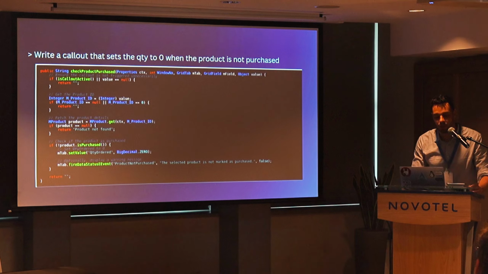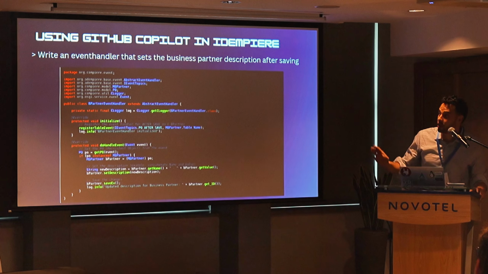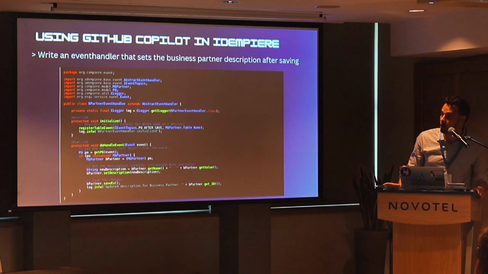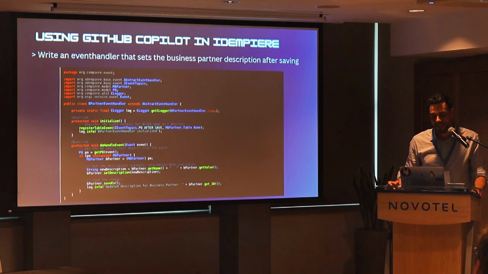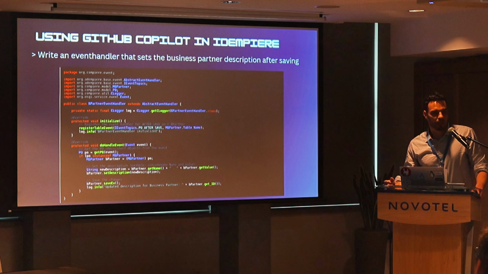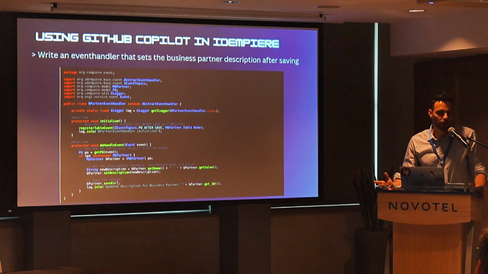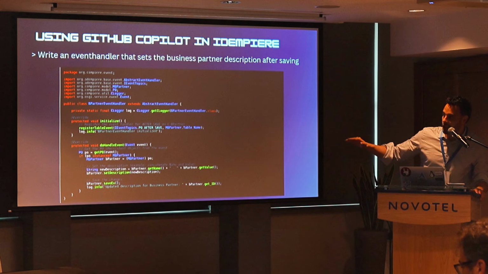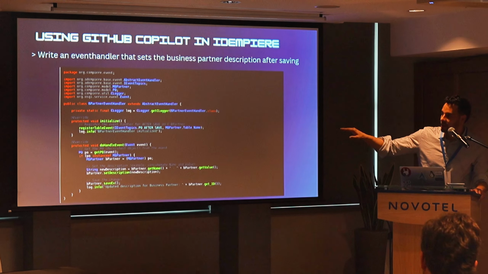When I talk about limitations, this is another example. I asked Copilot to write an event handler that sets the business partner description after saving. I use these two examples because I think callouts and event handlers are the most common customizations in any implementation. They are really useful. And when you see the code, it initializes the event handler.